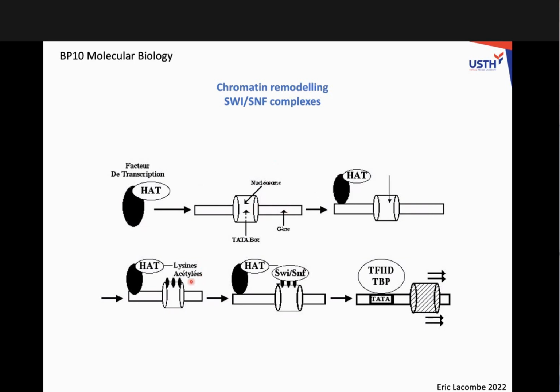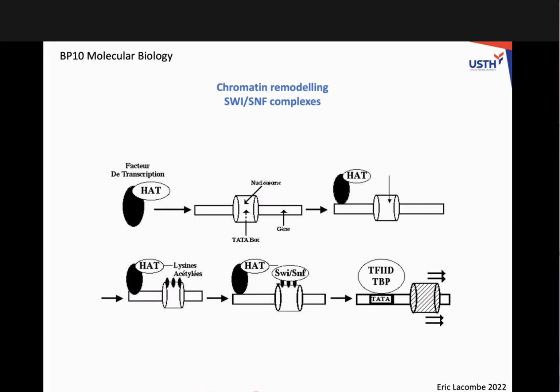So you have these SWI/SNF complexes, which can specifically bind to the nucleosome that we need to move, and not the other one, and that will recruit histone acetyltransferase that will move the nucleosome.